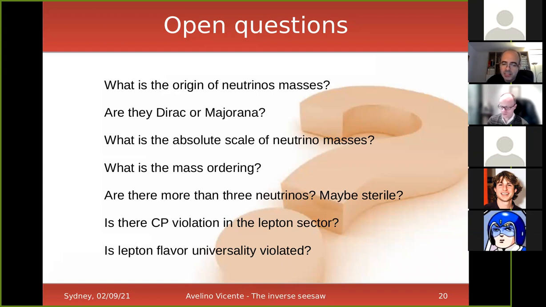And finally, and this is one of the things that I discussed at the beginning of my seminar, we are now also maybe observing for the first time the violation of lepton flavor universality with observables like R_K, P5', and R_D and R_D*, for example, that I don't have time to discuss. I guess some of you will be very familiar with them.